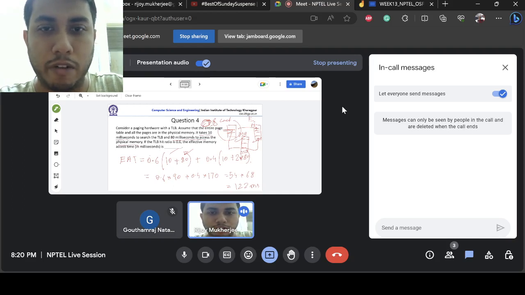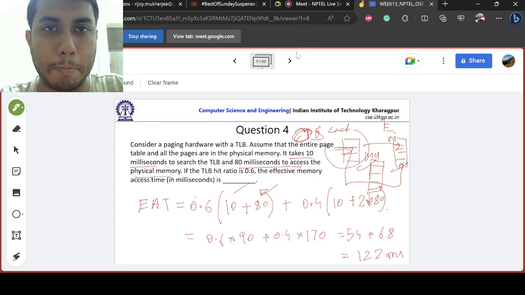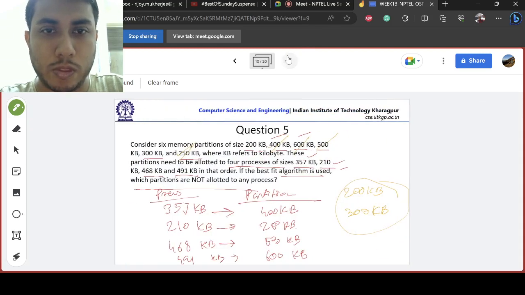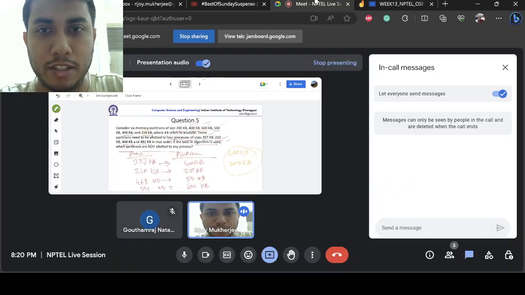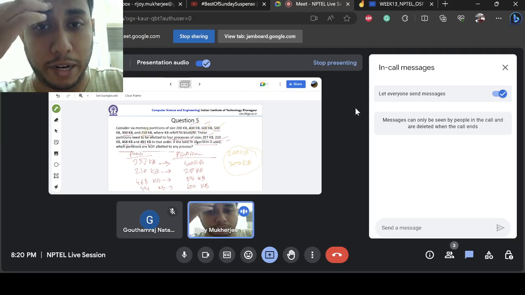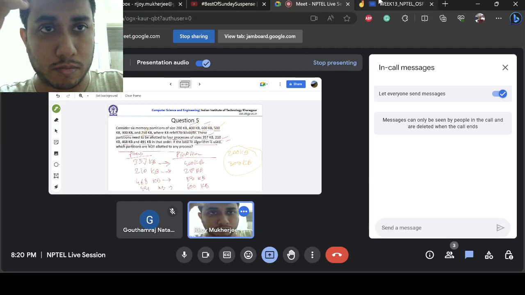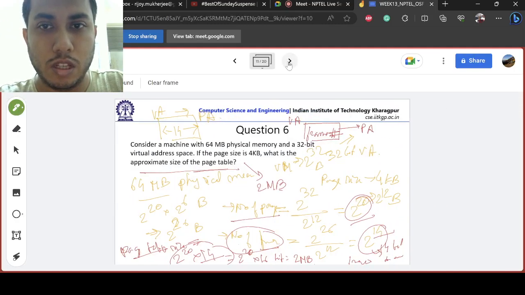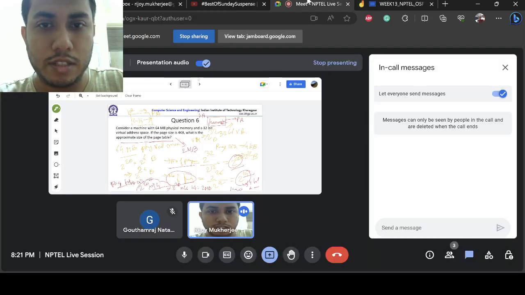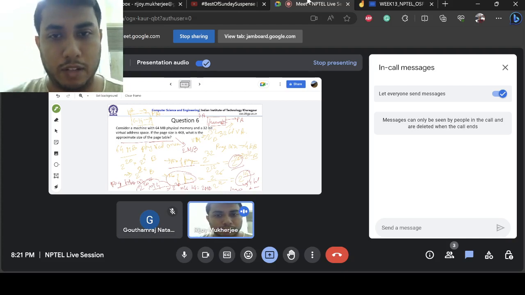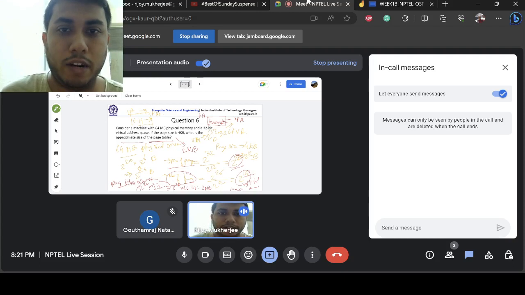So if there is a page fault, what happens and all. This was a problem on partitions. So what happens when you select a best case partition. Then there is another set of questions, after the page table one, where you need to find out the size of each page table entry.